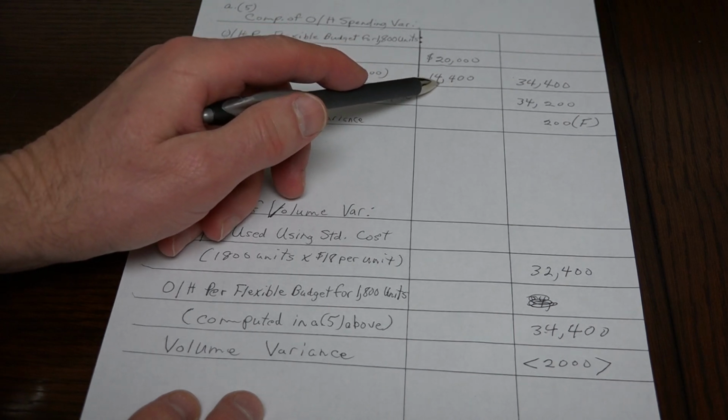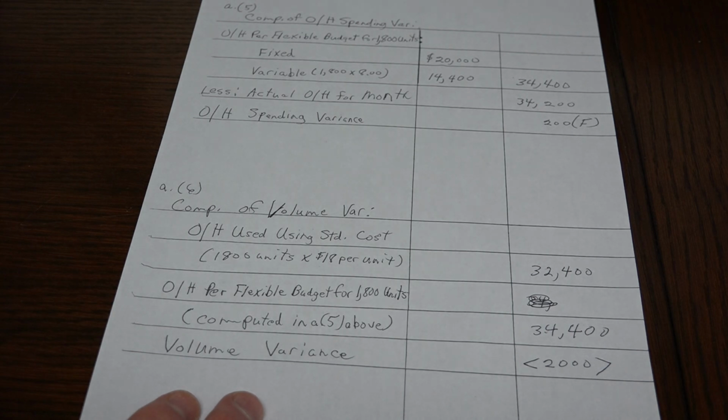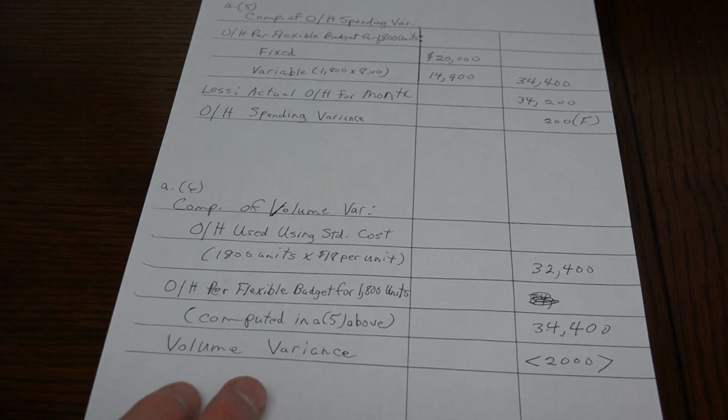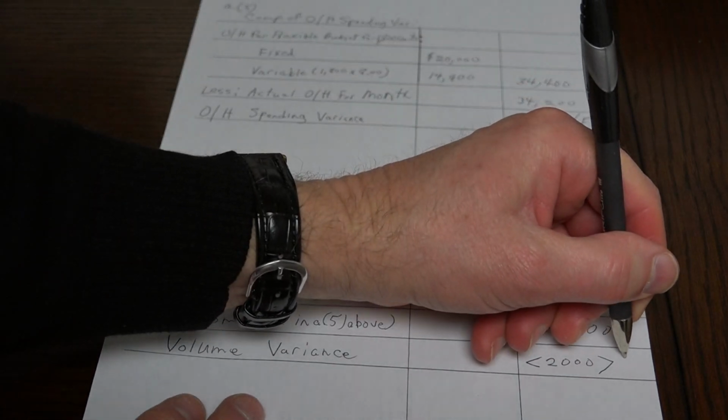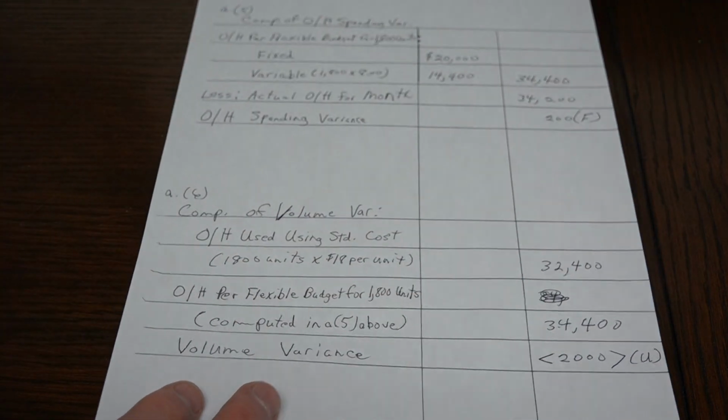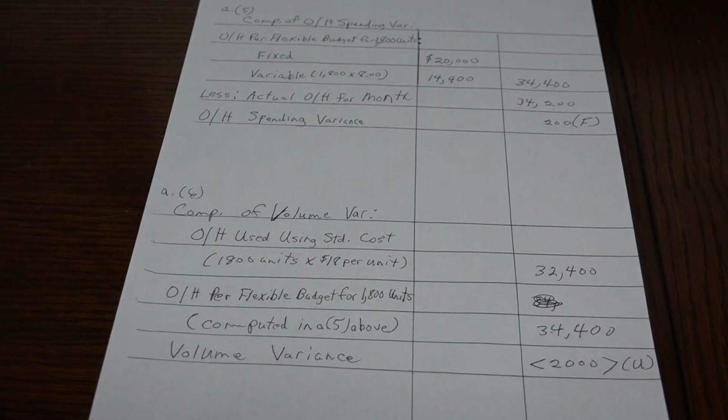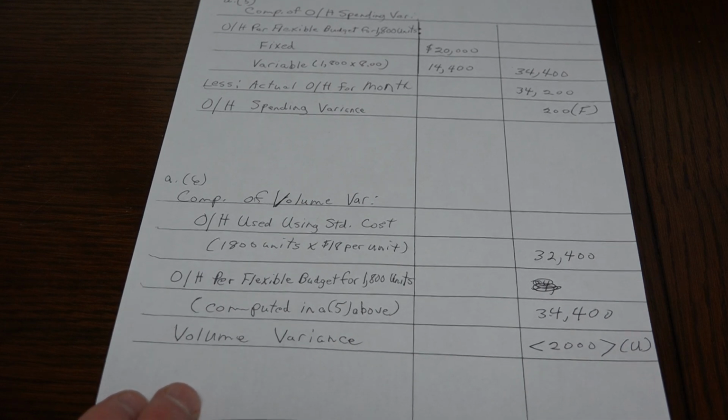So you spent $2,000 more in variable costs to produce these 1,800 units. So this is an unfavorable variance. All right, so that's it for A.